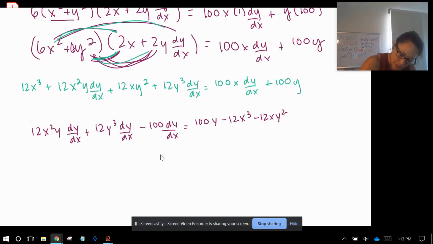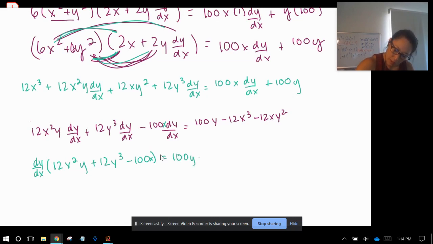So now I'm ready to factor out the dy dx, leaving me left over with 12x squared y plus 12y cubed minus 100x is equal to 100y minus 12x cubed minus 12xy squared. Okay, now we can divide.